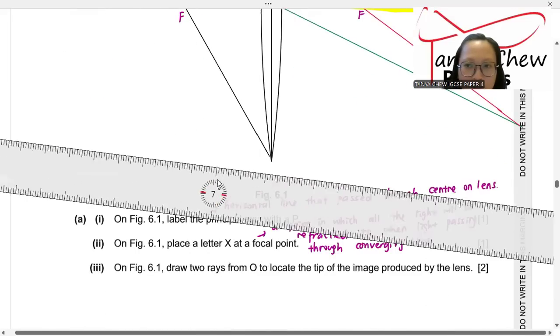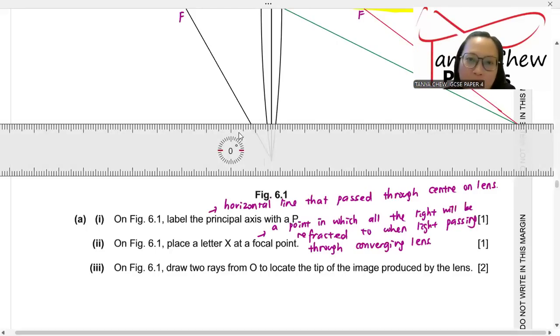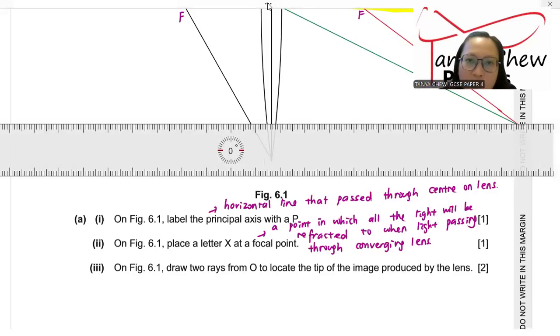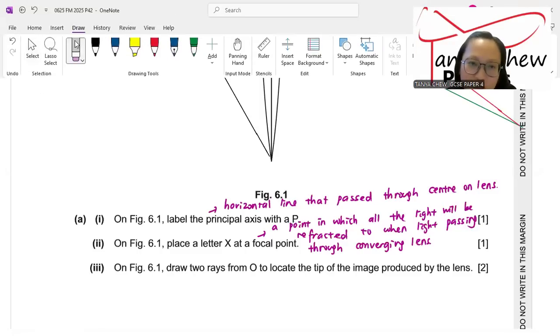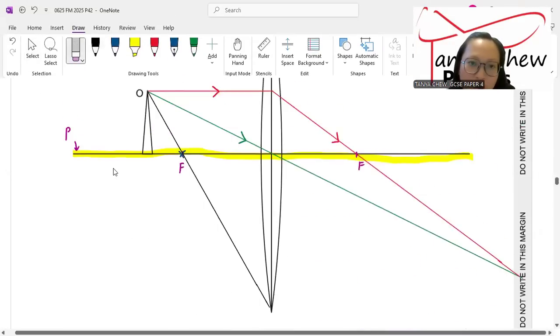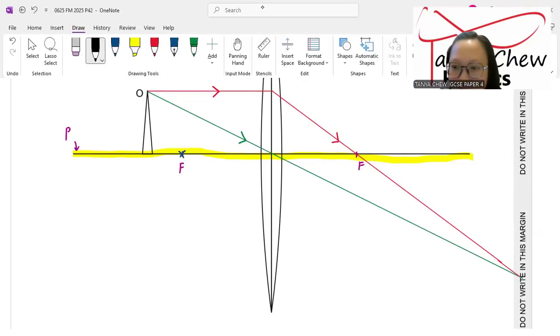Okay, only these two match. So it must be refracted horizontally. The intersection of the three rays will give you the exact location of the image. Now let me delete this ray because you don't need it anyway. So this is where the image is being formed.